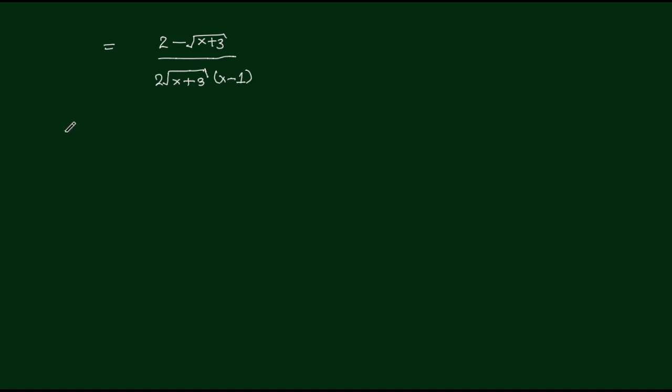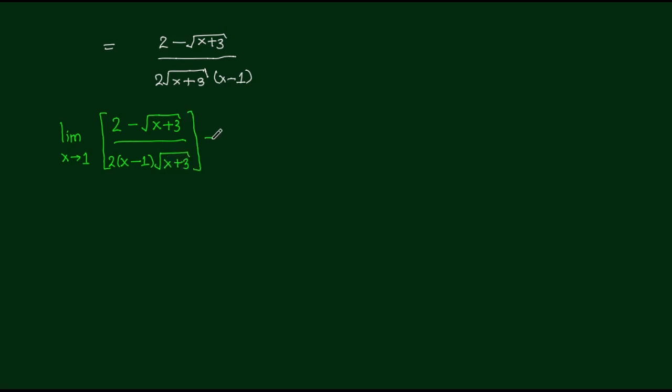So writing this as limit as x tends to 1, we can now write this new version of our question, which is 2 minus under root of x plus 3 divided by, so let's bring this one in front, and we have 2 times x minus 1 times under root of x plus 3.